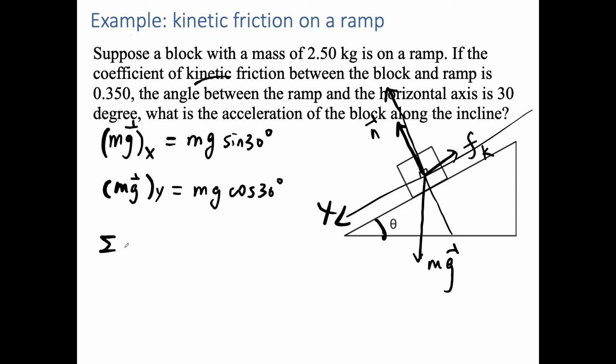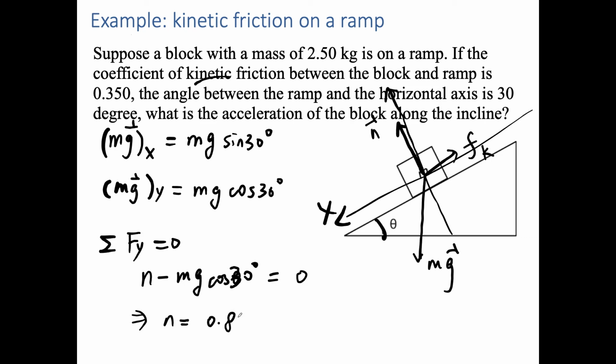And in the y direction, net force is 0 because the block doesn't move in the y direction. We have N subtract mg cosine 30 degrees equals 0, which gives us N equals 0.86 mg.